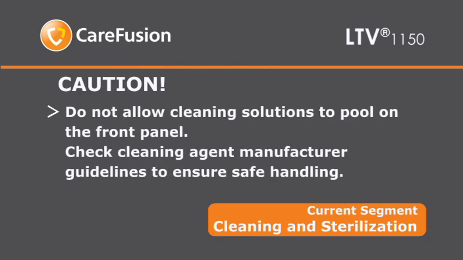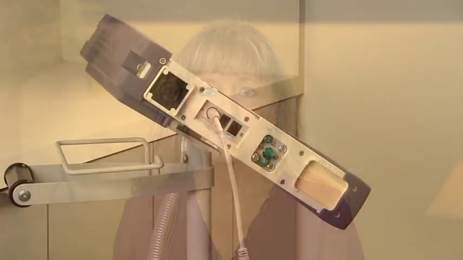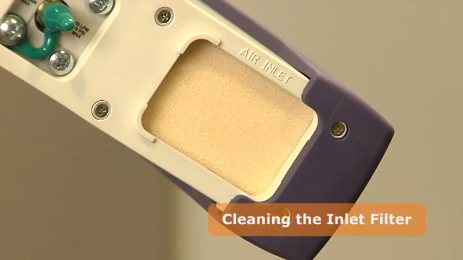Do not allow cleaning solutions to pool on the front panel. Check with the manufacturer of all cleaning agents and sterilizing equipment to ensure safe handling procedures are followed. If you are using a reusable patient circuit, please refer to the Cleaning, Disinfecting, and Sterilizing chapter in the LTV1150 manual. The inlet filter is located on the lower left-hand side of the LTV1150.